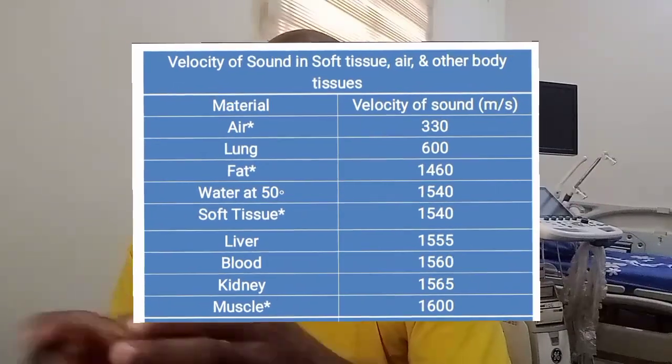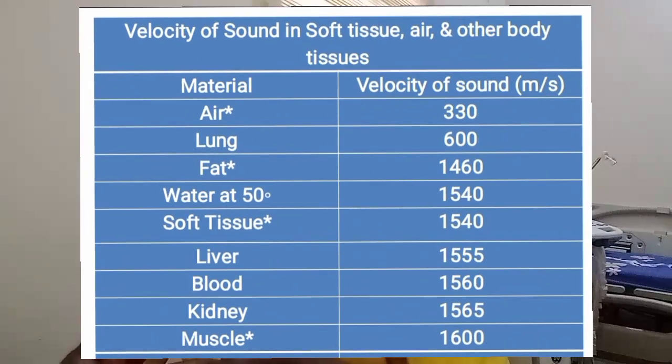Now, this table shows us the velocity of sound in soft tissue, air, and other body tissue. For example, the velocity of sound in air is 330 meters per second. That of lungs is 600 meters per second. Fat is 1,460 meters per second.